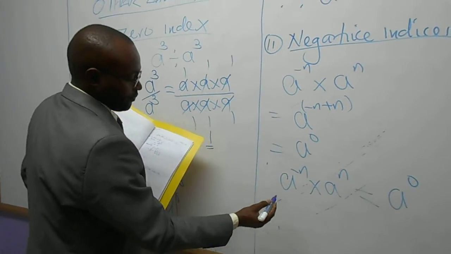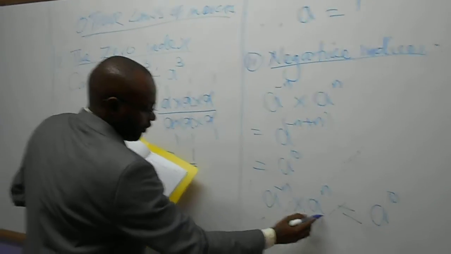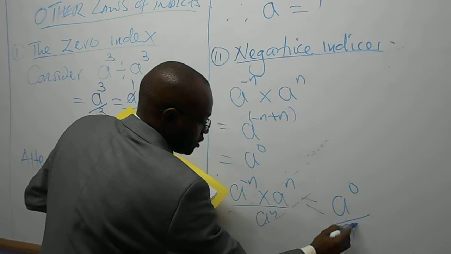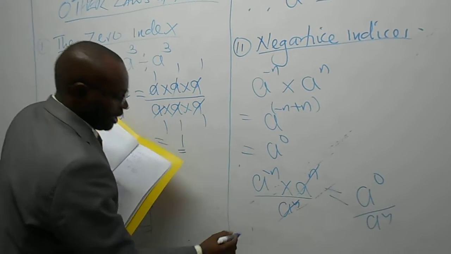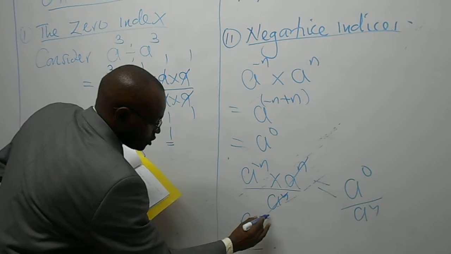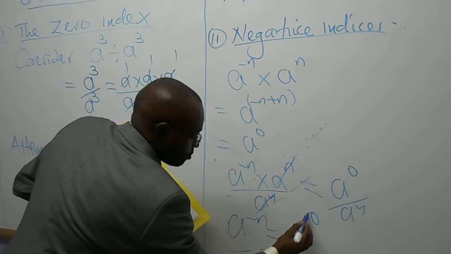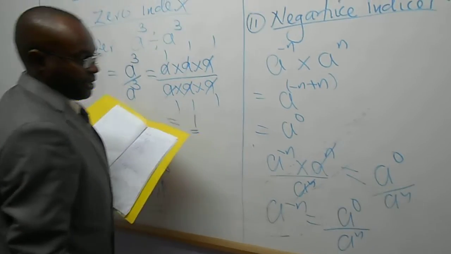So to do that, I divide all through by a to the power n. That will cancel, and I'll be left with a to the power negative n equals a to the power 0 over a to the power n.